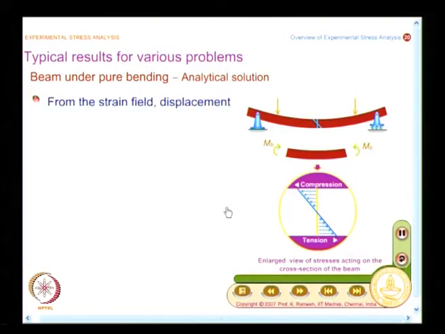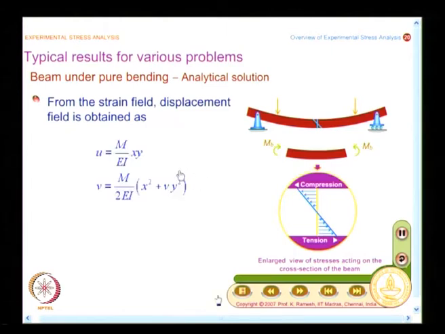Now, when I look at this, I can get the displacement field, and the displacement field is like this. It is fairly simple. I have u equal to M by EI into xy, and this is nothing but the equation of a hyperbola. So, when you plot the contours, you will have contours looking like hyperbolas, and you also have an expression for the v displacement, which is given as M by 2EI into x squared plus nu times y squared.